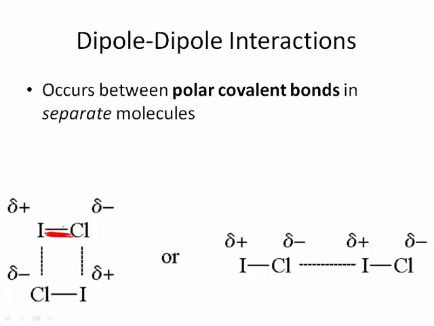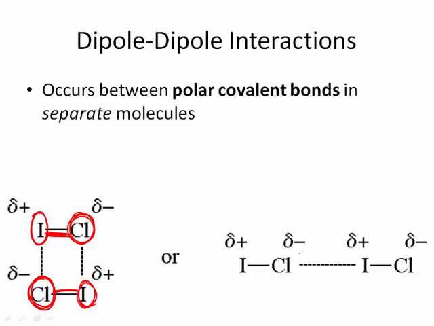So now when we have another chlorine and iodine polar covalent bonded molecule, the positive end, which would be here, the iodine, will be attracted to the chlorine, the negative end of the other molecule. The same thing on the other side. This negative end, chlorine, on the first molecule will be attracted to the iodine, positive end, on the second molecule.